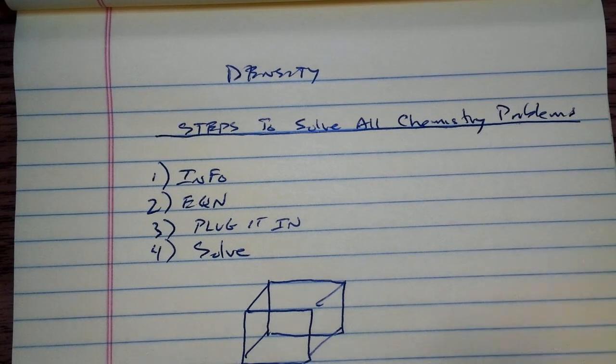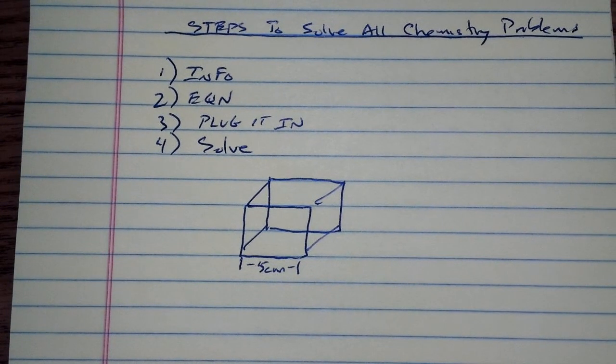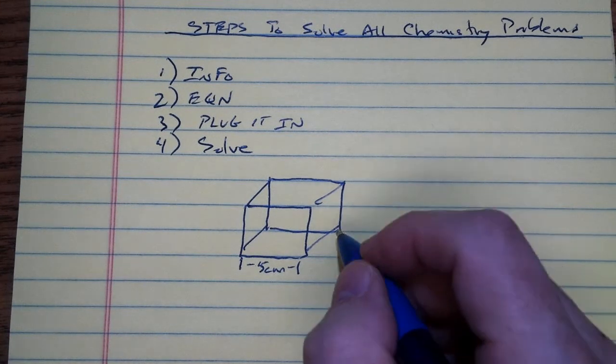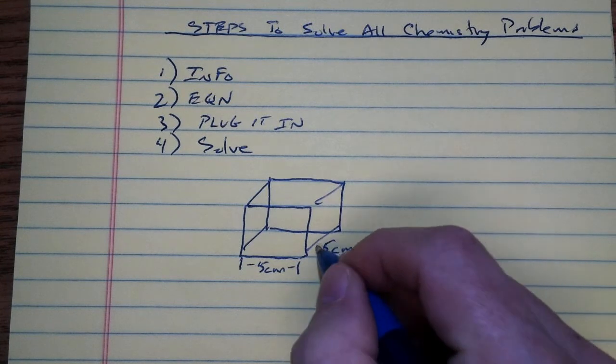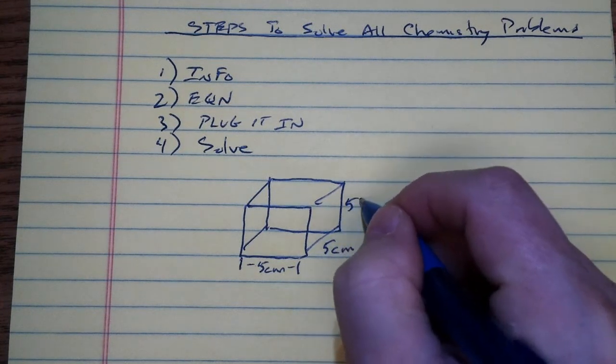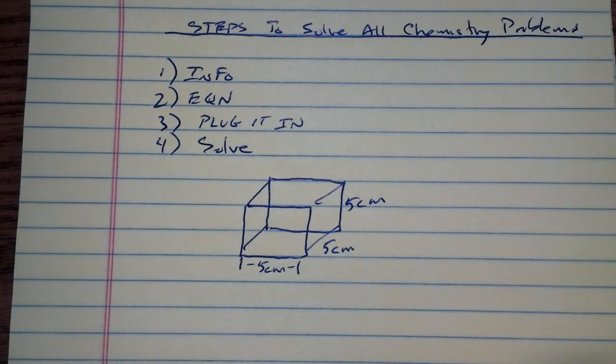And let's say, on a cube, all sides are equal. So let's say we're given a cube where one side is 5 centimeters long. So if one side is 5 centimeters, aren't the other sides as well 5 centimeters? So that's 5 centimeters for this side. This is 5 centimeters for that side.